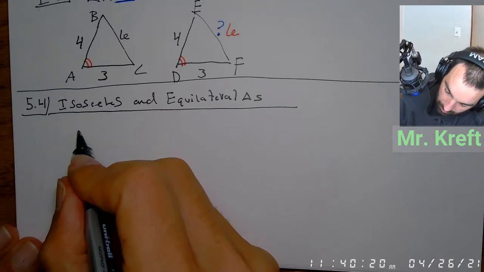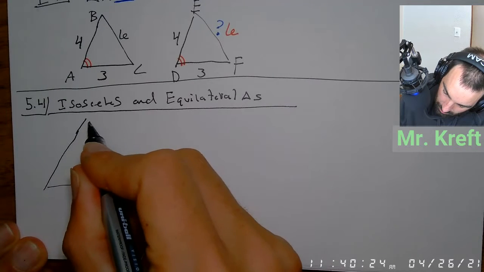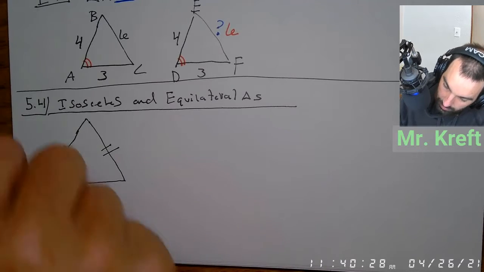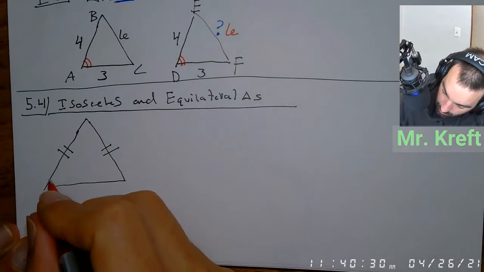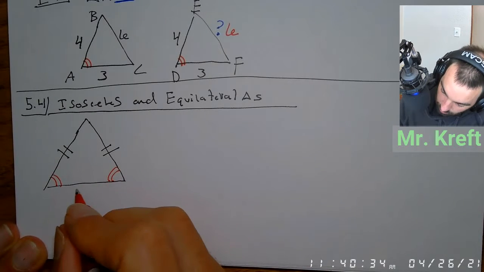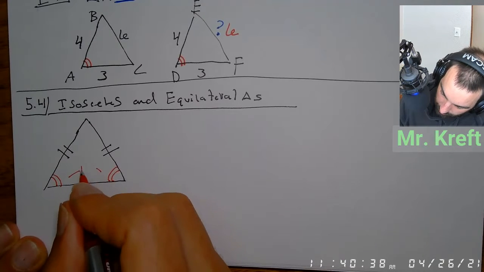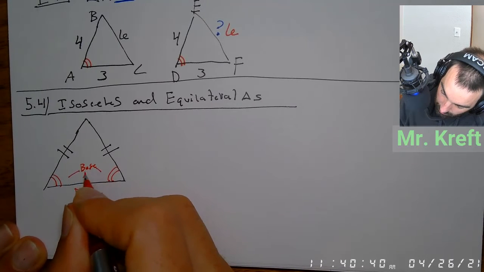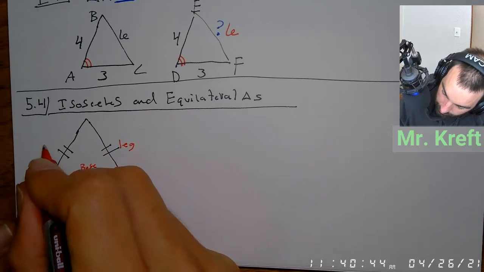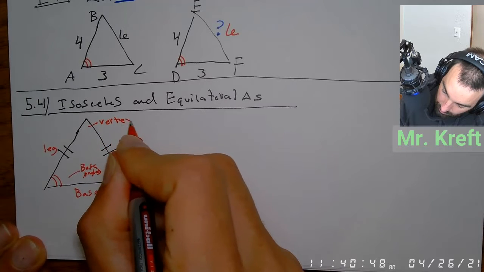So for isosceles, isosceles has two congruent sides, and it has two congruent base angles, and they're opposite of each other. So this is called our base. These are called base angles. We have our legs. And this is called the vertex.